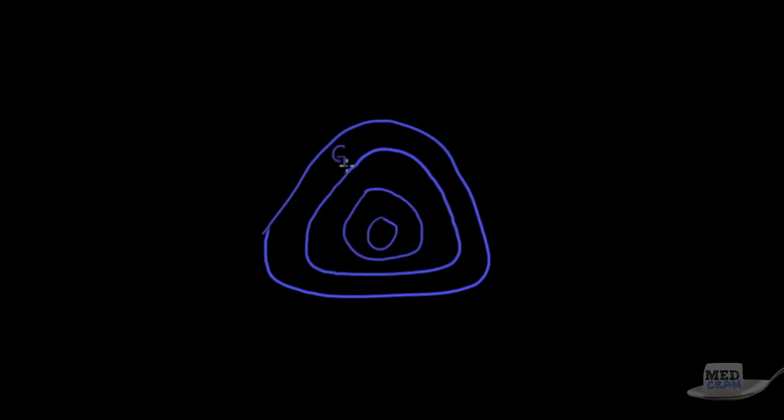Okay, so let's just review again. We've got the adrenal cortex. It's made of 3 layers, and we know what they are. From the outside in, it's G, F, R. The thing that stimulates the outer layer is potassium. Okay, and what does the outer layer make?